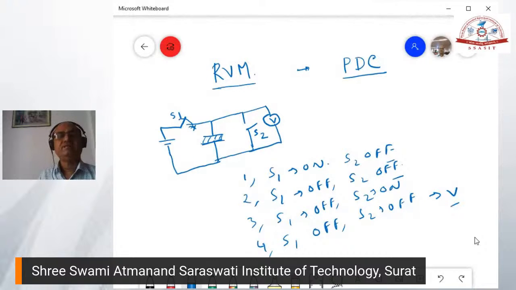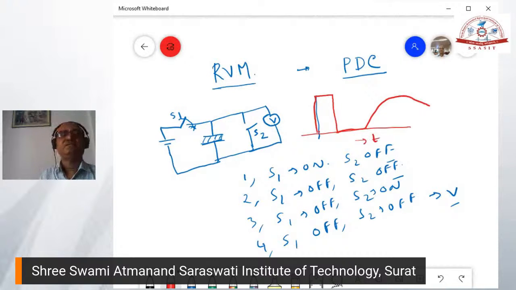Normally this is given in graphical form. Here the voltage is applied for some time. S1 is on, then both are off, and then the voltage is measured over here. The voltage is going to vary with respect to time.